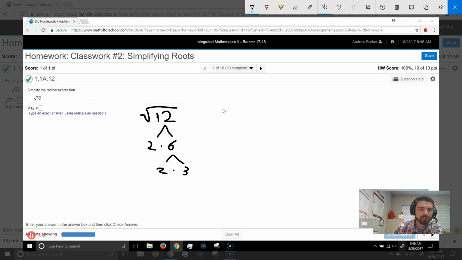To find a perfect square, we need to find duplicates. A perfect square is a number times itself. Right here in this 12, we have a hidden 2 times 2. So we can write the square root of 12 as the square root of 4, which is 2 times 2, times the square root of 3.